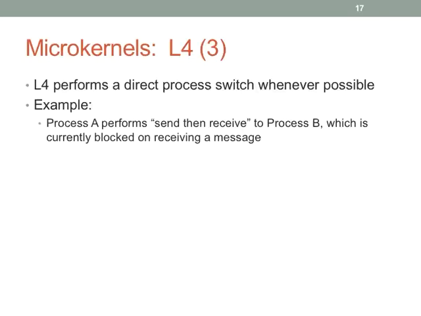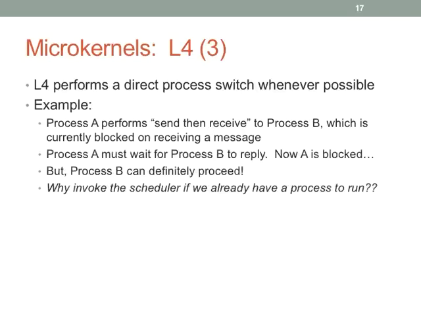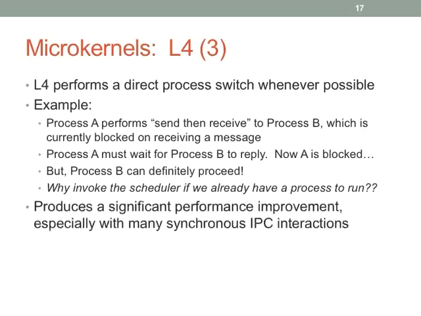I know another process that can proceed. Why don't I just switch to it? So in these situations, the scheduler, I shouldn't say the scheduler, I would say the kernel, because it doesn't invoke the scheduler, switches directly to process B and allows it to start executing. Okay? So that removes a huge amount of the overhead.